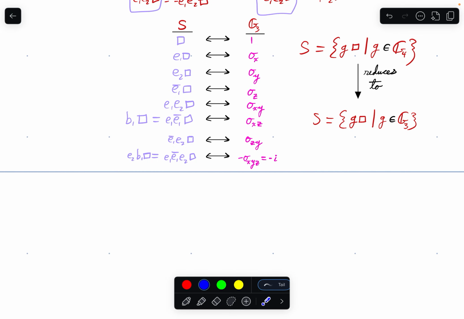What this space does to extract complex structure is the following.